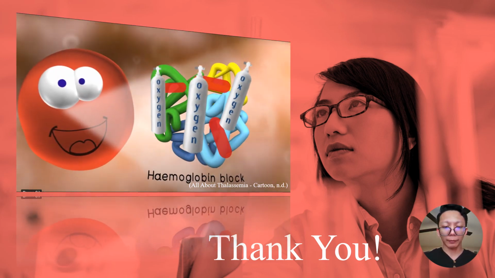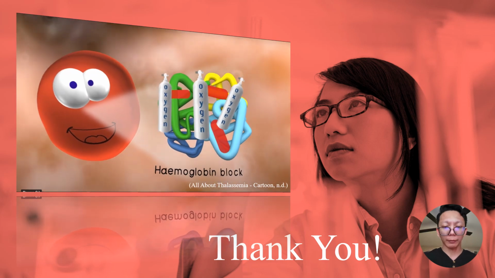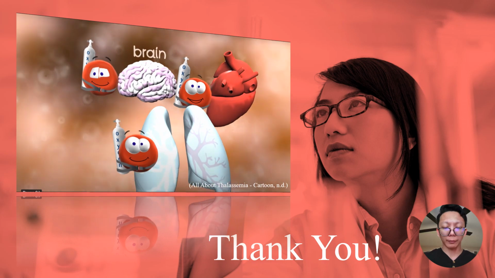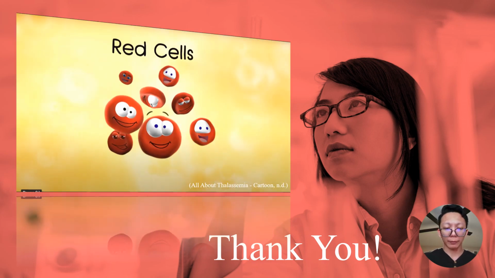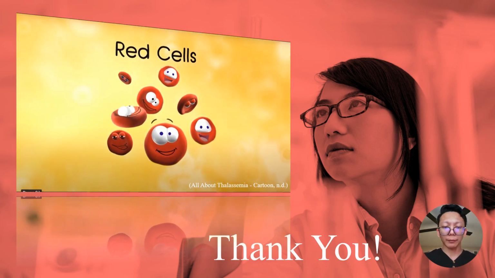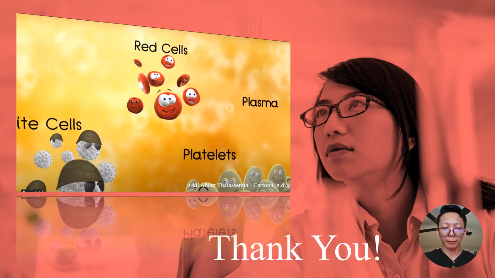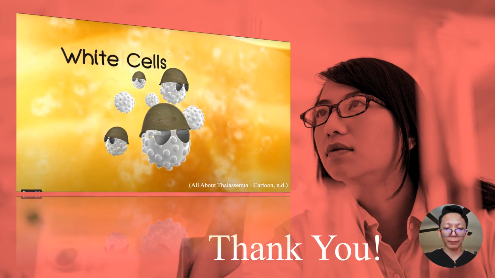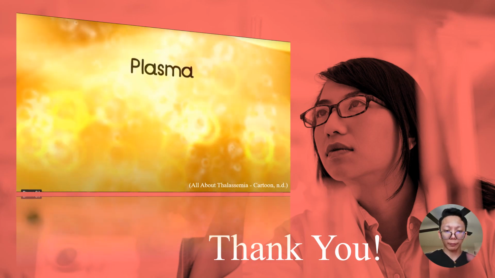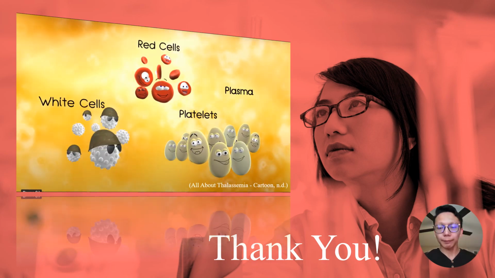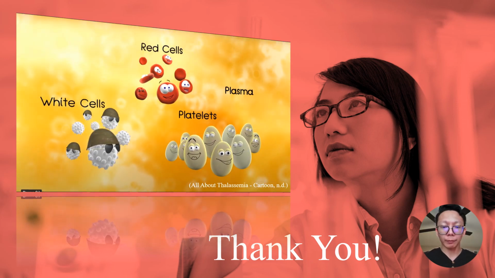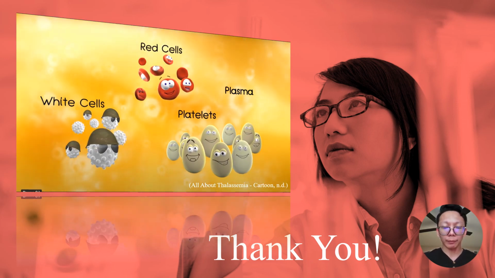Many, many blocks of a special stuff called hemoglobin inside us help us to carry this oxygen. I should also mention that we red cells are not alone in blood. Three other families of friends are floating around: the white cells family, the platelets family, and the plasma family. We all have different jobs to do, and of course we look different, but we all work together to keep your body healthy and strong.